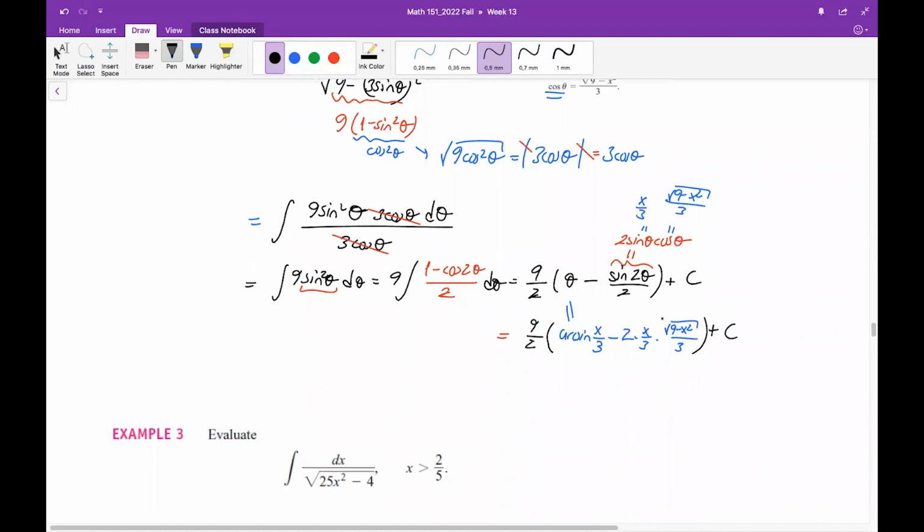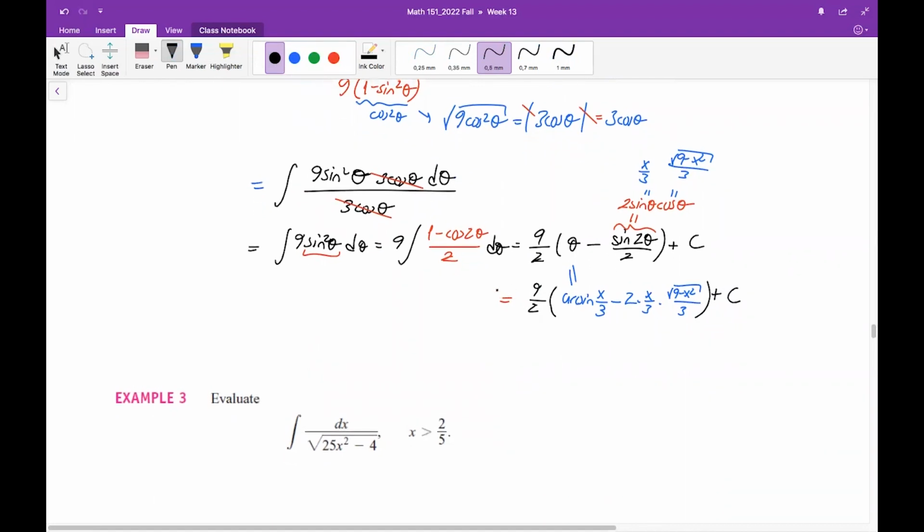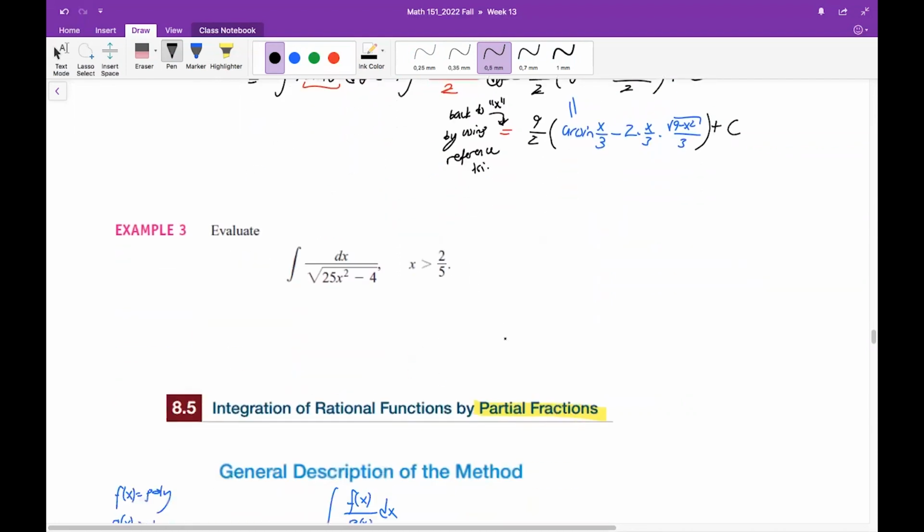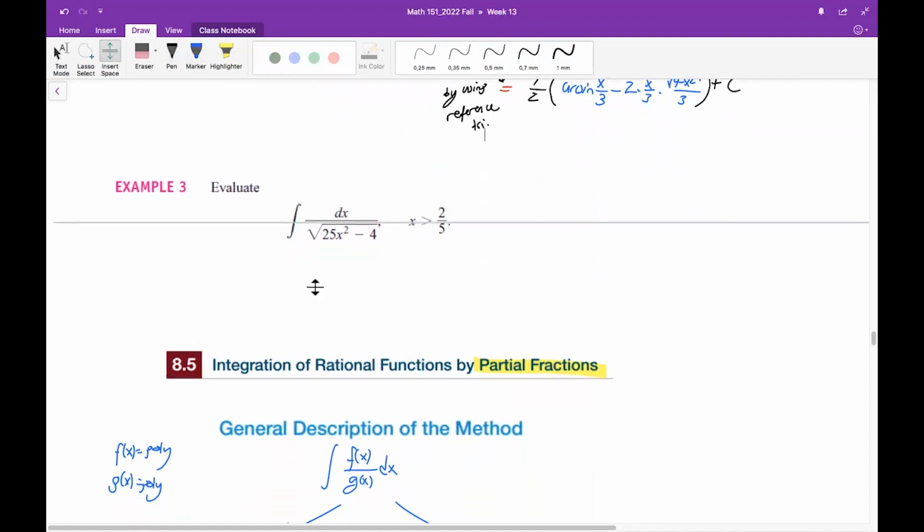So that's how you should turn back to your original variable x, by using the reference triangle. Okay, so our final example is here.